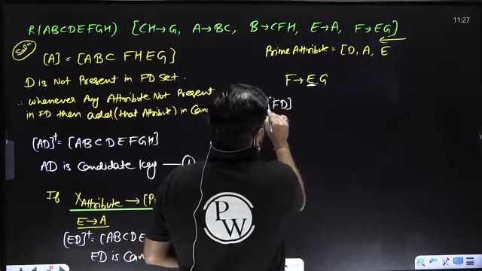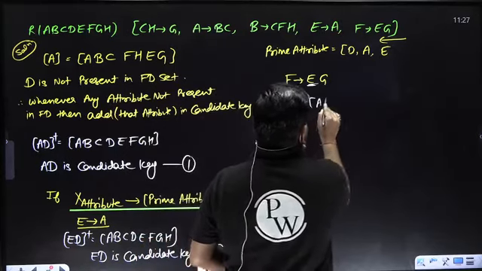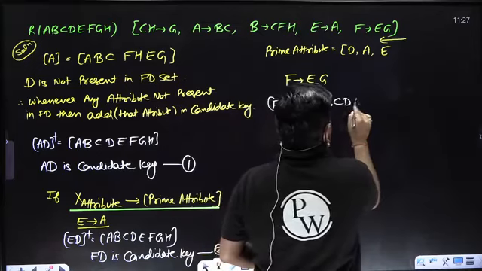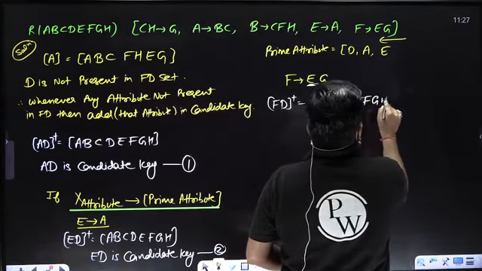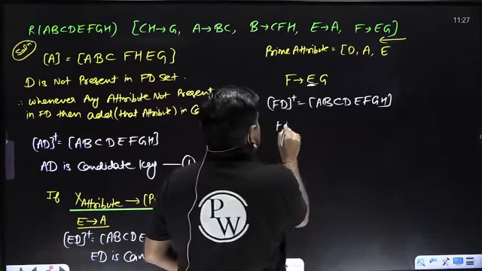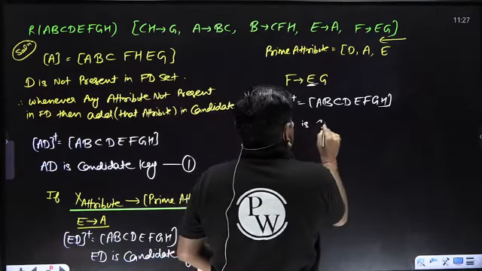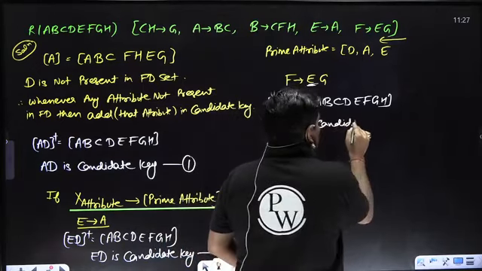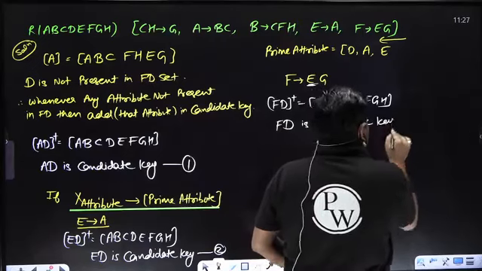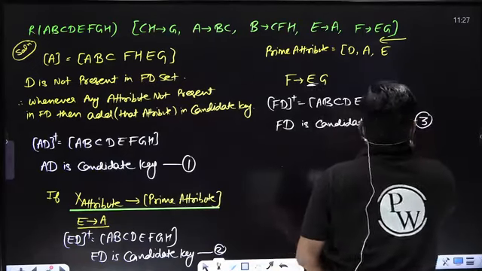When you take the closure of FD, what happens? You are getting each and every attribute, A, B, C, D, E, F, G. So directly we can say FD is the next candidate key, candidate key number 3.